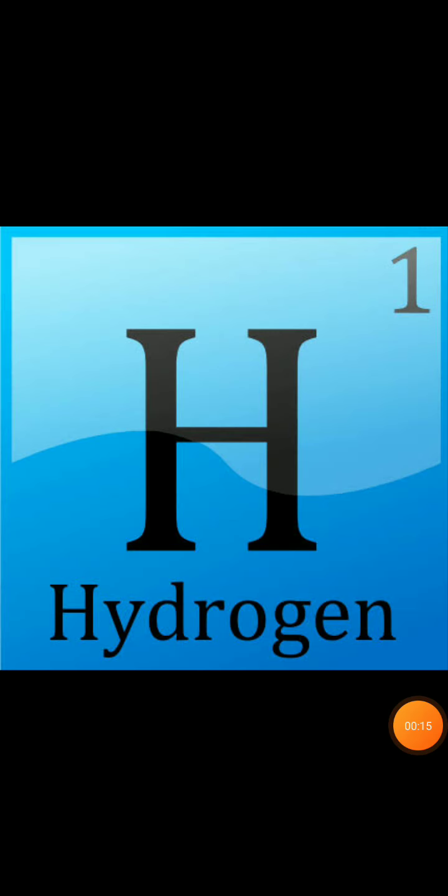Carbon seems to be a very friendly element. So far, we have been looking at the compounds containing carbon and hydrogen.